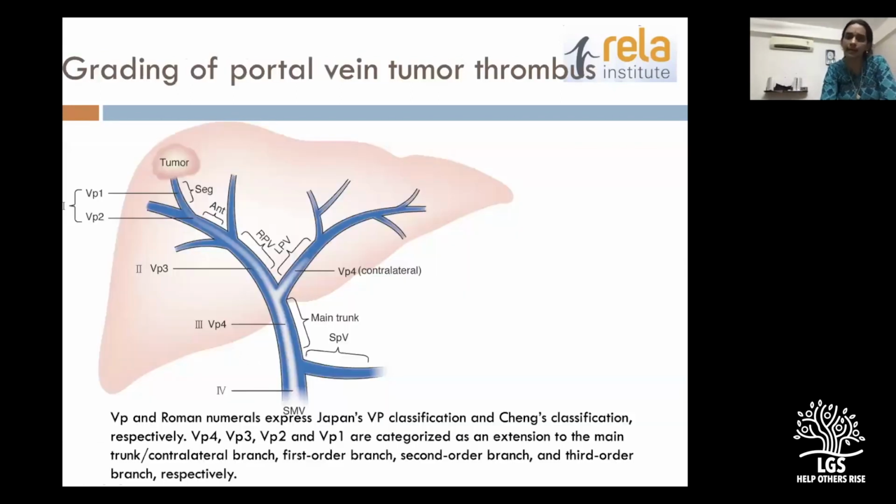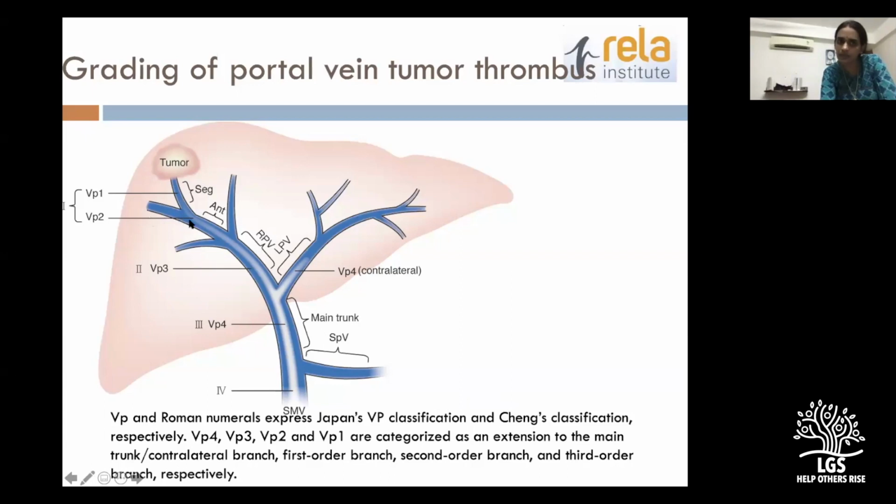Again, coming to the grading of the portal vein thrombus, this is the Japan VP classification. What it says is, if you have a tumor sitting here, say this is segment 8 of the liver, and the tumor thrombus infiltrates the segmental branch, say the segment 8 branch, that comes under VP1.